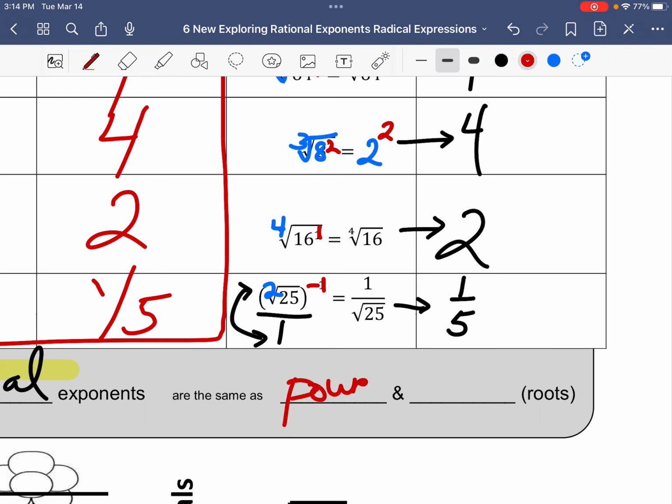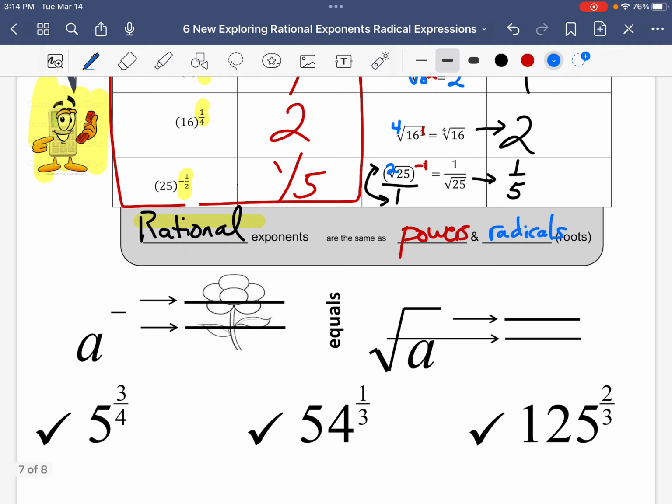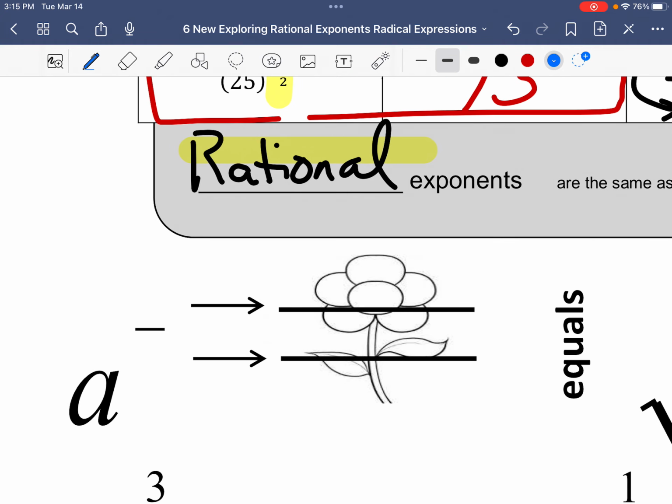The powers are the numerator, so the same as powers, and radicals. Radicals end up being the denominator. Rational exponents can be thought of as separately powers and radicals. Here, let's break it down.